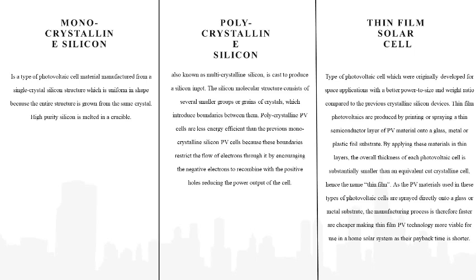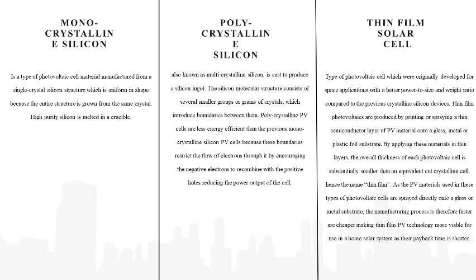We have monocrystalline silicon, polycrystalline silicon, and thin film solar cells. Monocrystalline silicon is a type of photovoltaic cell material manufactured from a single crystal silicon structure which is uniform in shape because the entire structure is grown from the same crystal.